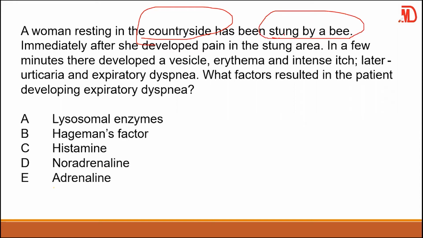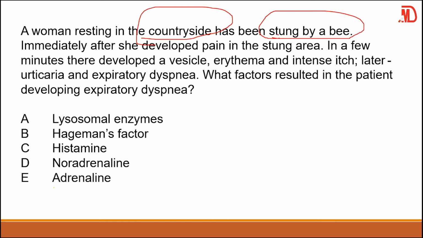So in hypersensitivity reaction, what enzyme or what hormone is involved? Who can tell me? What hormone? Histamine? Yes. Or mast cell? Histamine. Histamines are the ones that are involved. That's why we have to give a histamine inhibitor like loratadine. Guys, loratadine.